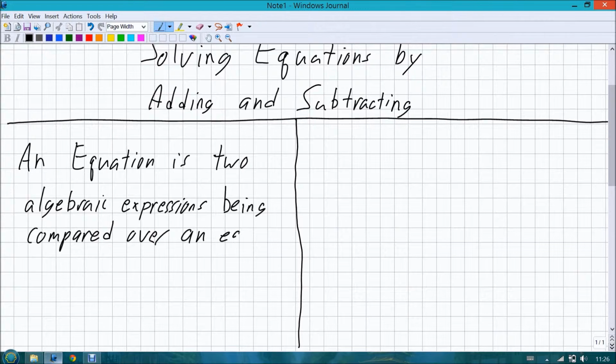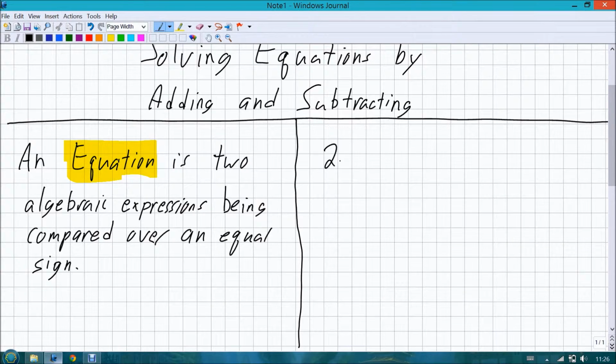So what does that mean? Well, one, it's going to need an equal sign. So if it doesn't say something is equal to something else, then it is not an equation, it's just an expression. So an equation is a little bit different. It's two algebraic expressions being compared over an equal sign.